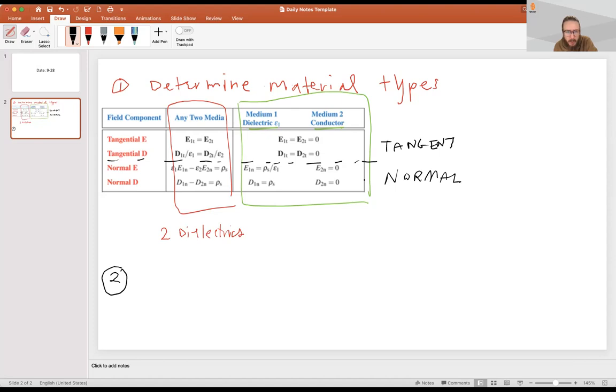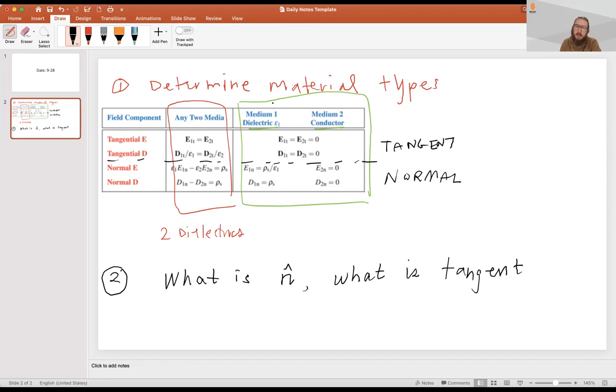So you should be able to look at the object, wherever your boundary is, and determine what is tangent and what is normal. So you should determine the material type, and then you should determine what is normal and what is tangent.